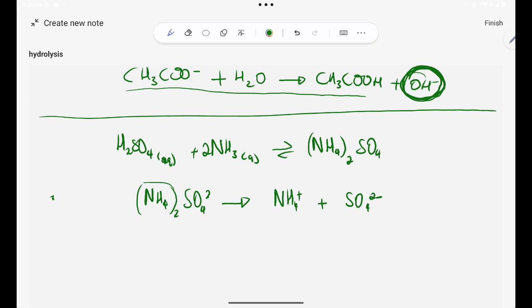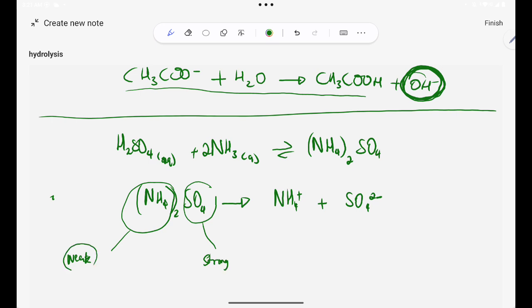Remember that the ammonium ion comes from the base called ammonia, and the sulfate ion comes from an acid called sulfuric acid. Ammonia is a weak base, and sulfuric acid is a strong acid.